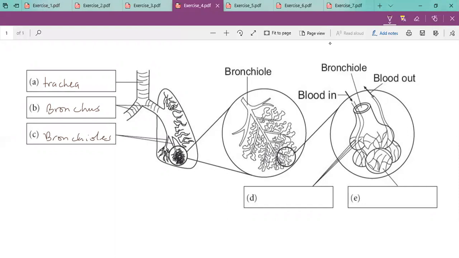And here it has been expanded, so this is going to be the alveoli. Now this is the blood capillaries. These are the capillaries. And this is the alveoli.